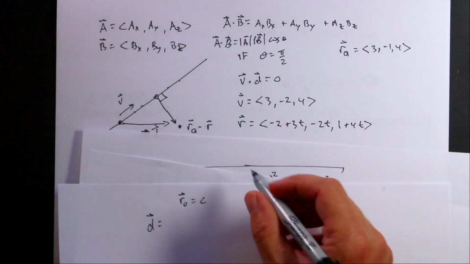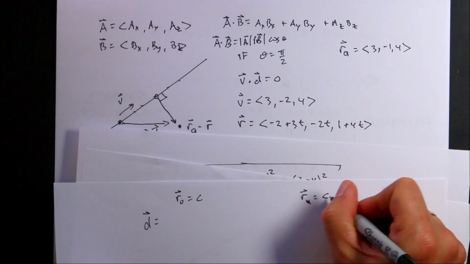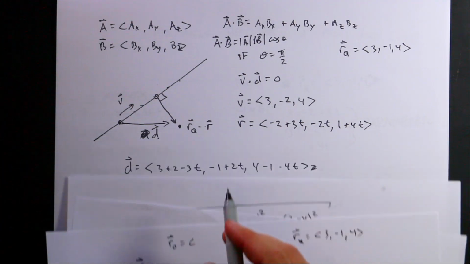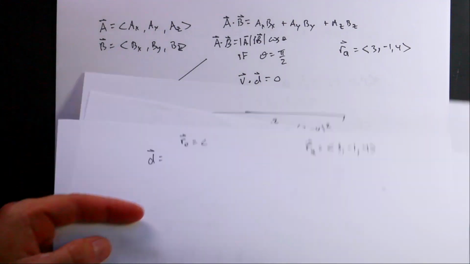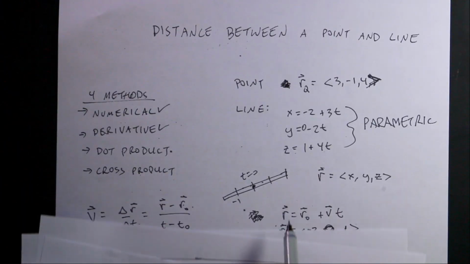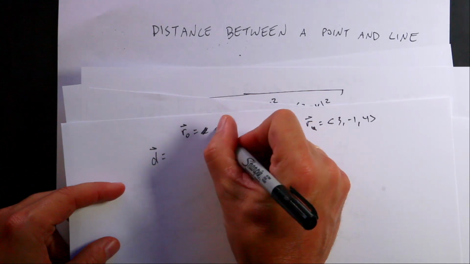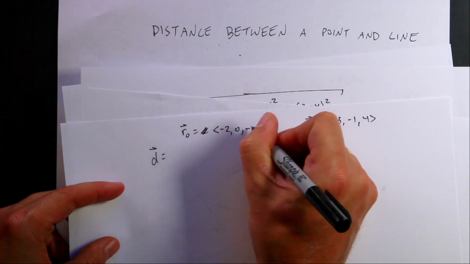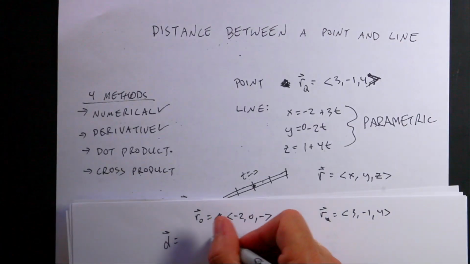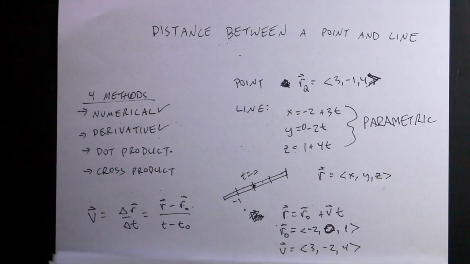RQ is 3, -1, 4. R0 is -2, 0, 1. And my velocity V, you'd think I would memorize this by now, is 3, -2, 4.